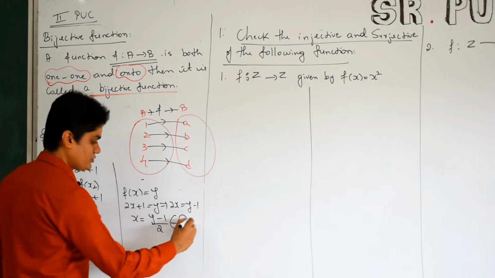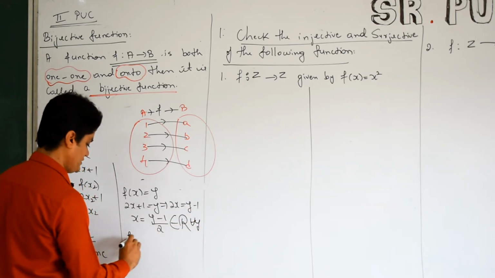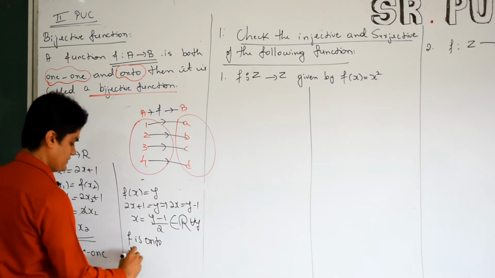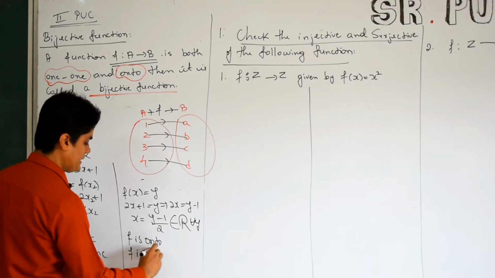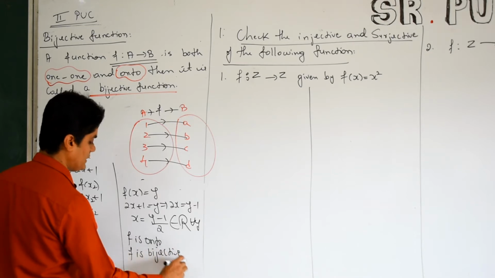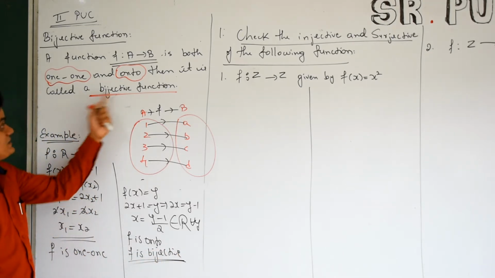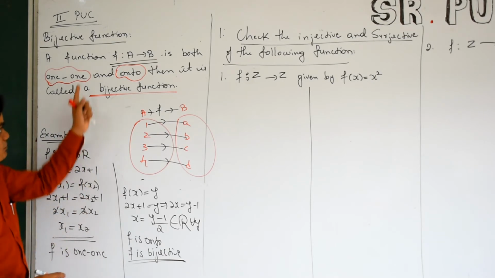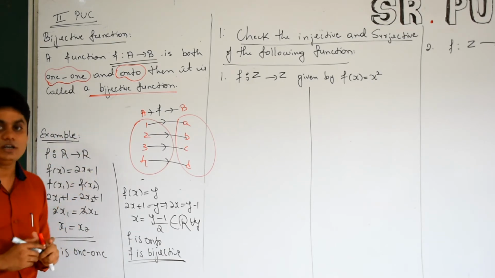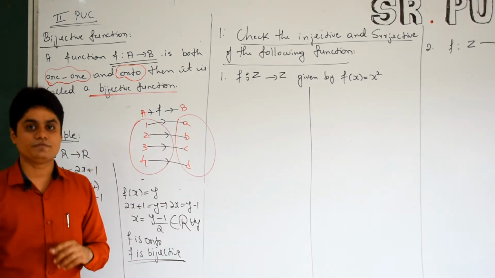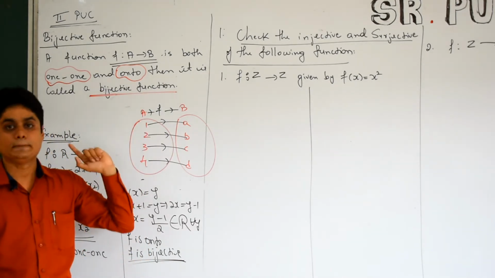So it is true for all y, and f is onto. So f is 1-1 as well as onto, and f is called a bijective function. This is an example of a bijective function. A function that is both 1-1 and onto is called bijective. So these are the three main important types of function: 1-1, onto, as well as bijective.